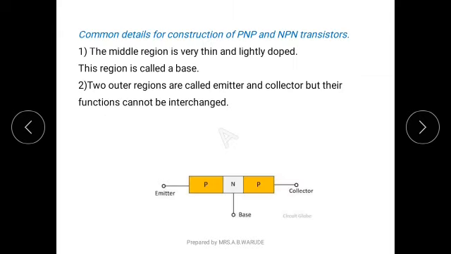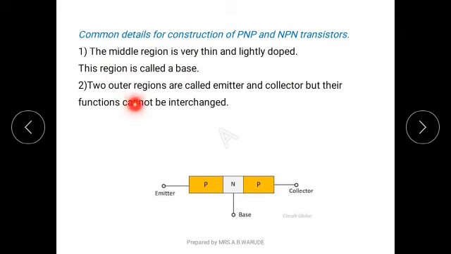Here are the common details for construction of PNP or NPN transistor. Here we take the example of PNP transistor. This is the emitter terminal, the middle is the base terminal, and the third is the collector terminal. First point: the middle region is very thin and lightly doped, and this region is called the base.